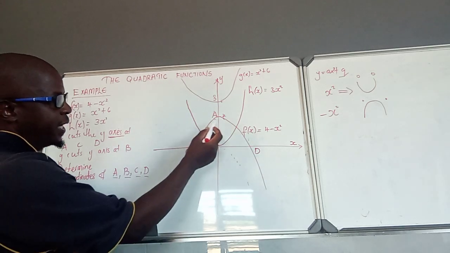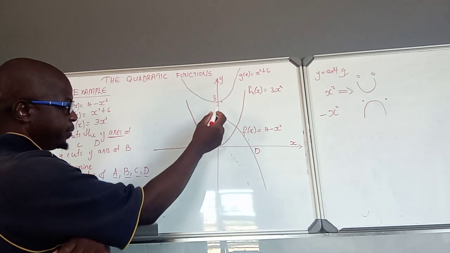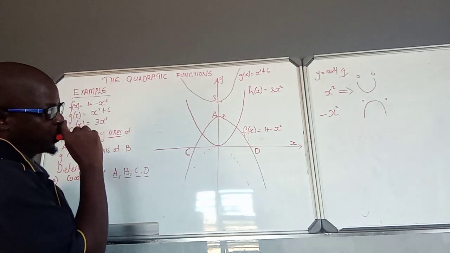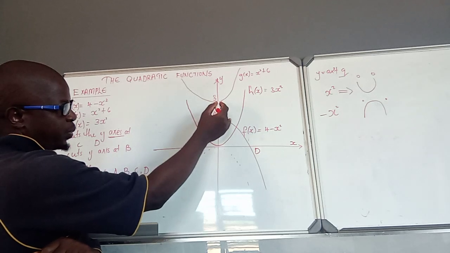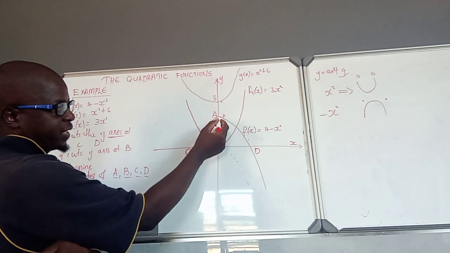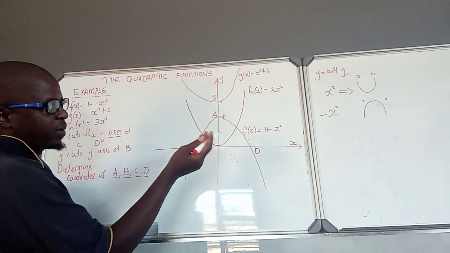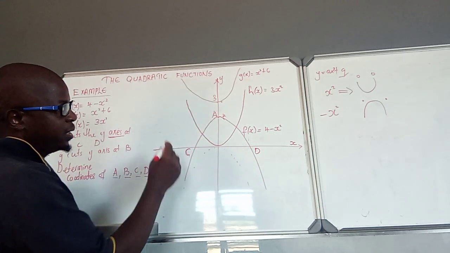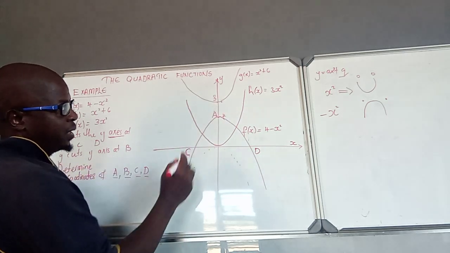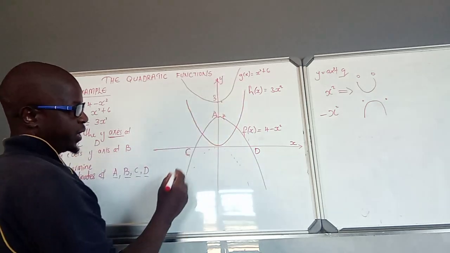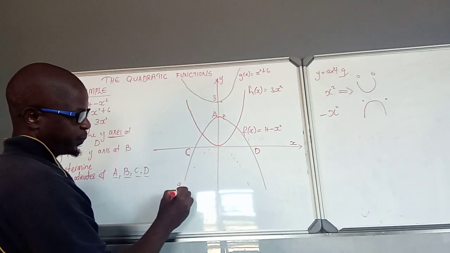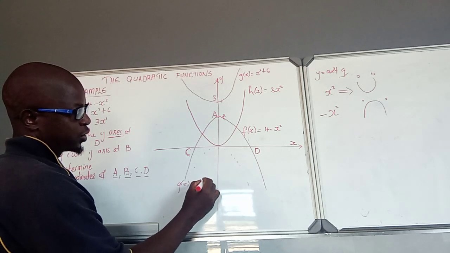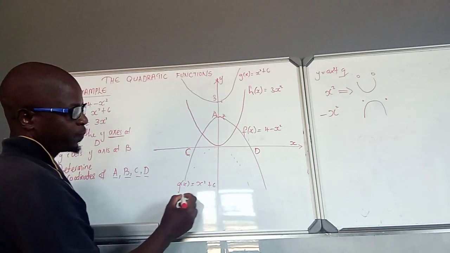If we look at A and B, we want to find the coordinates of these points. Let's start by looking at B. For us to find B, we are going to look at this equation, g of x is equal to x squared plus 6.